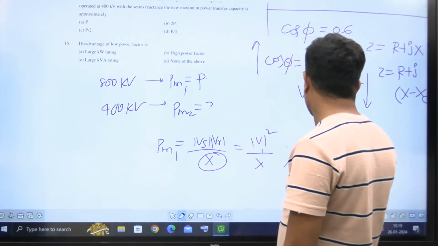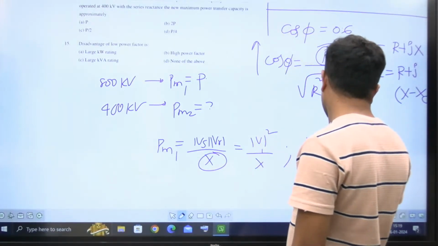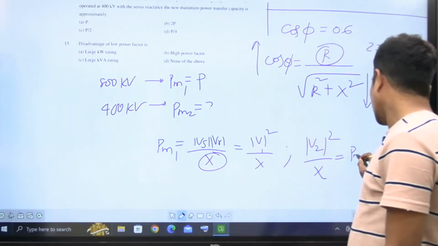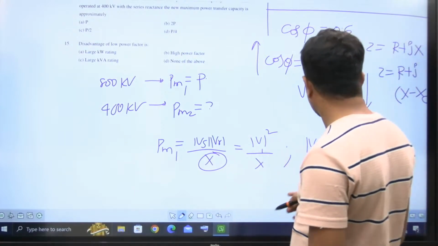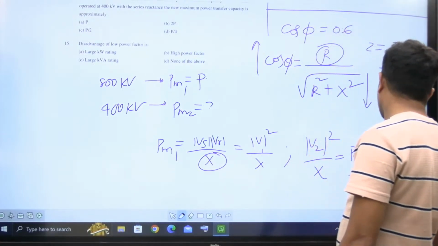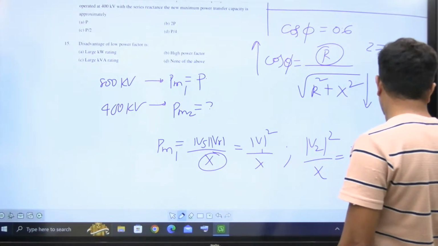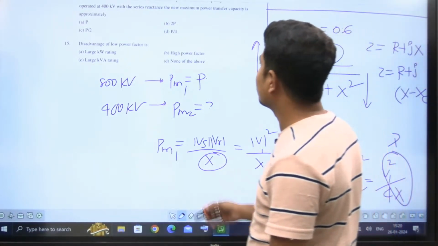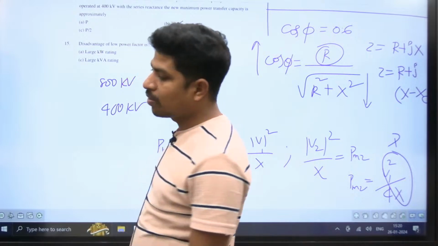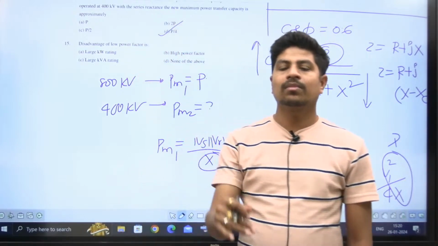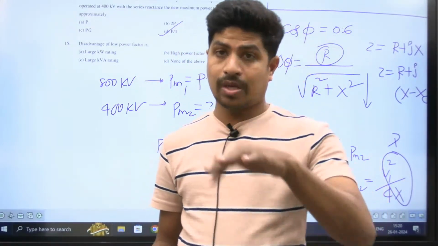Now next is V2 square by X, which is Pmax2. But V2 is V1 by 2. Therefore, Pmax2 will be V1 square by 4X. V1 square by X is P, so Pmax2 is P by 4. Option is D, P by 4. So if voltage decreases by half, then power decreases by 4 times.